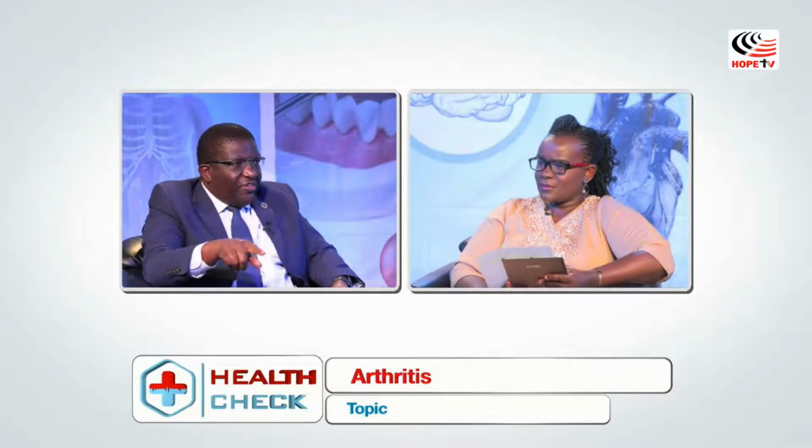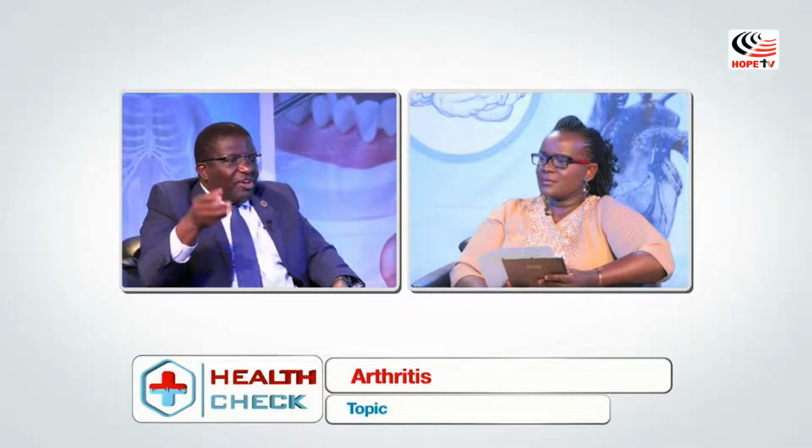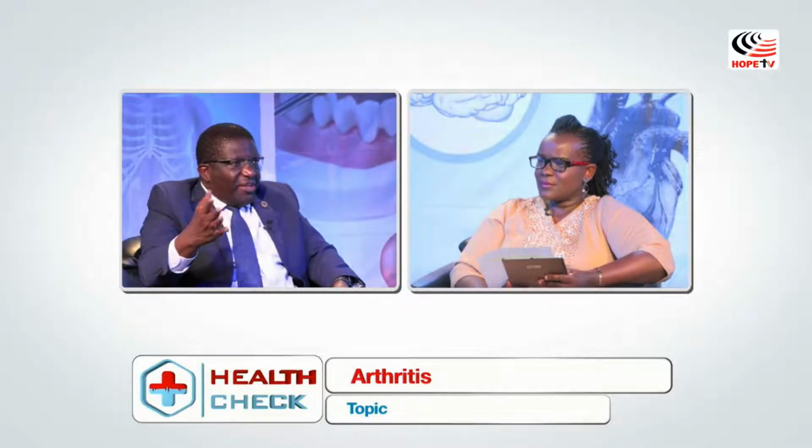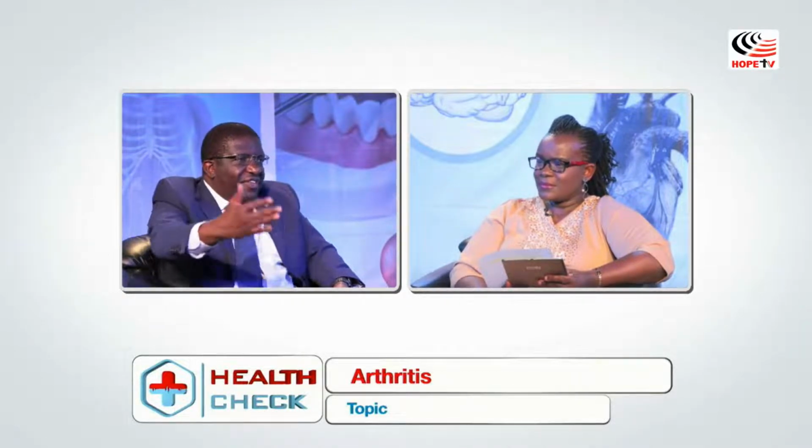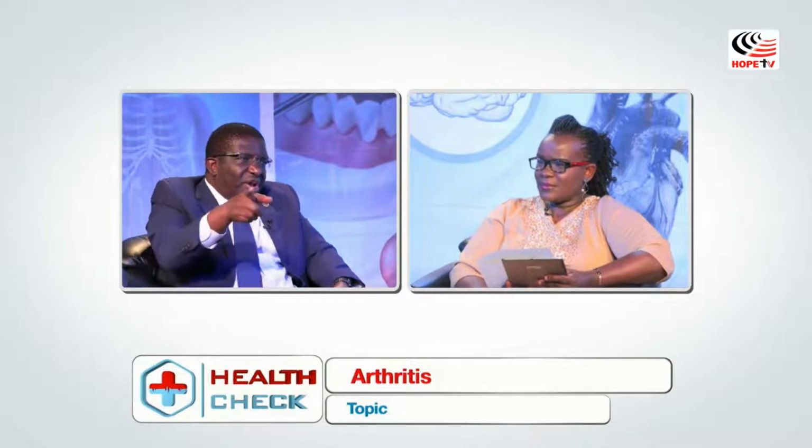So people with rheumatic disease must also sit there and say, what is your budget for arthritis and rehabilitation? Is there a physiotherapy unit in this county or in this sub-county? Is there a health facility where you can seek medical attention within walking distance?